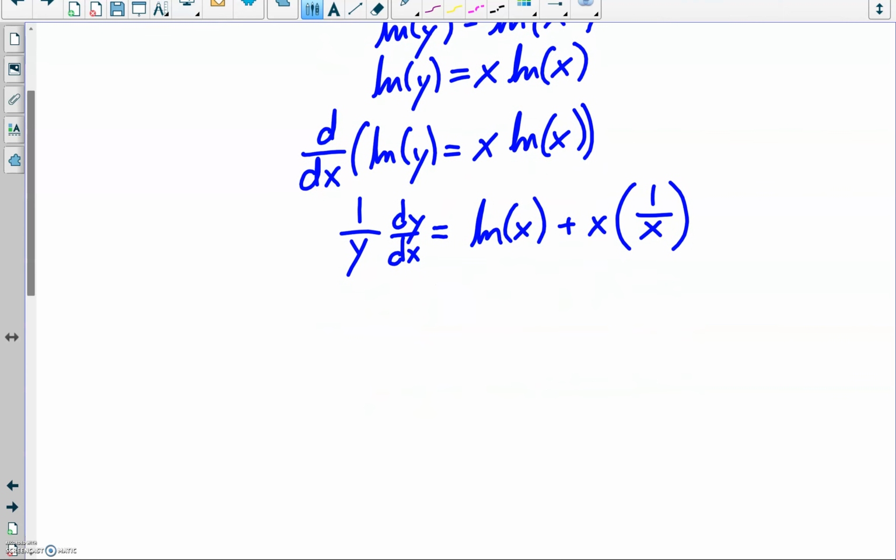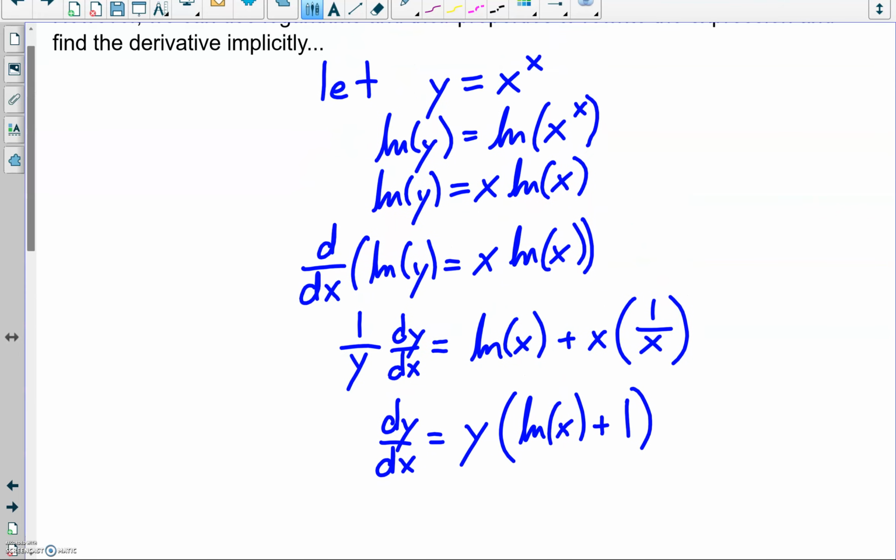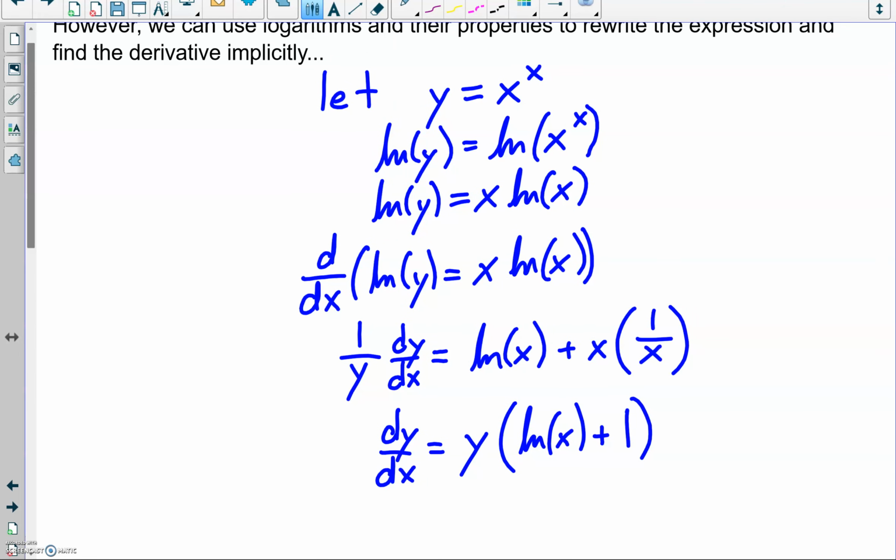And we're getting close here. So almost there to find this dy dx, and I'll multiply both sides by y so I can get that dy dx alone, and I'll have this natural log of x plus x times 1 over x is just going to be 1. And now we go back up a little bit and recall that y was this x to the x.